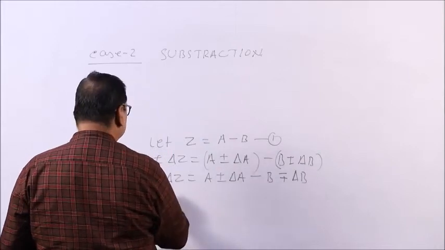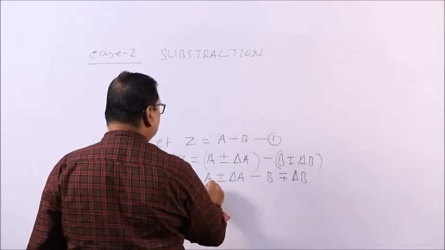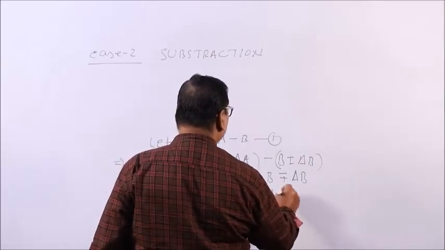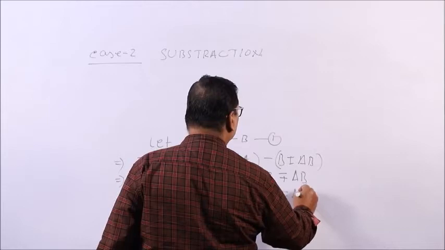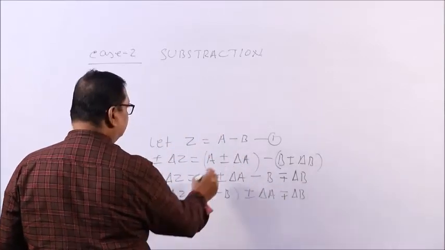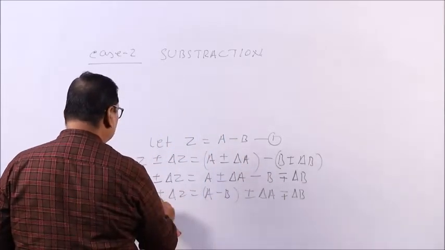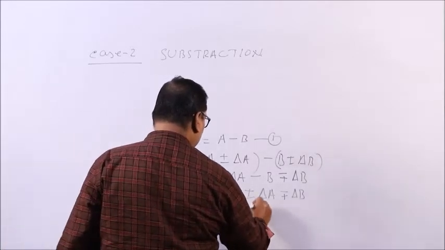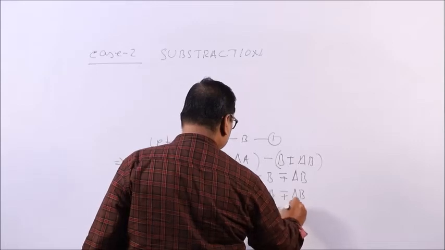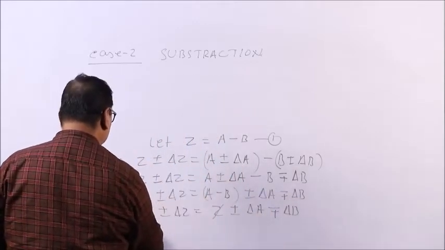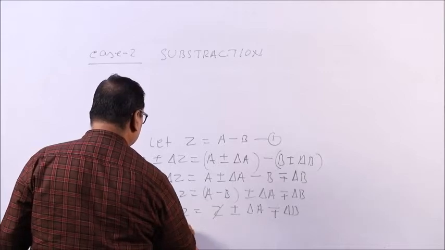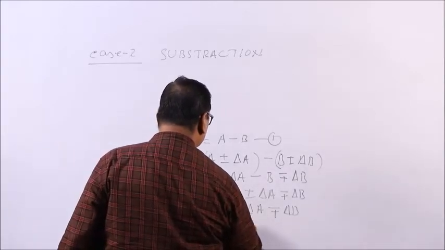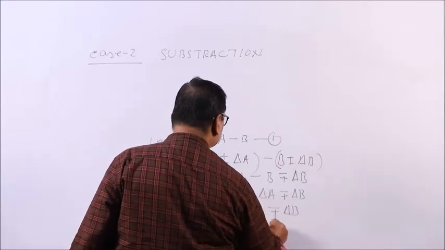Again Z plus minus delta Z equals A minus B plus minus delta A minus plus delta B. You see from equation 1 A minus B equals Z, therefore Z plus minus delta A minus plus delta B, here Z cancels. So, finally, the absolute error delta Z equals plus minus delta A minus plus delta B.